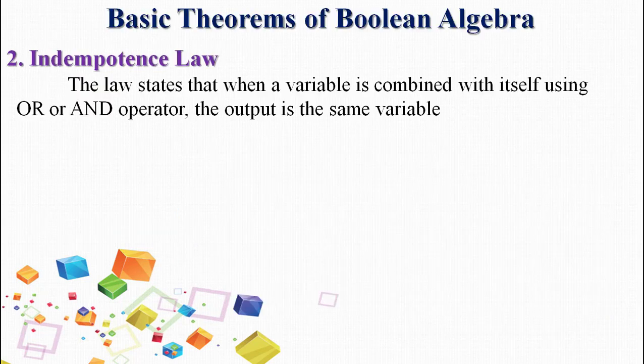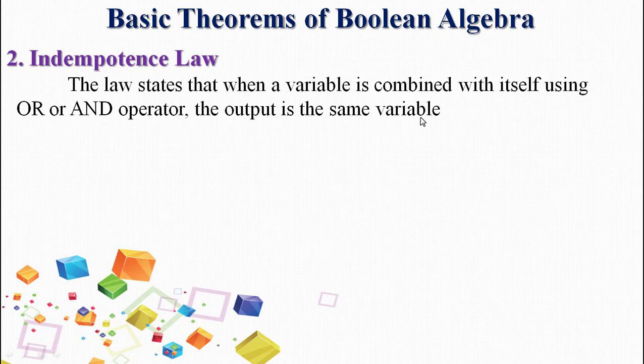So next we'll move to the second law after the properties of zeros and ones, that is the idempotence law. The idempotence law states that when a variable is combined with itself, that means it can be added with itself or multiplied with itself, that is using the OR and AND operators, the output is the same.